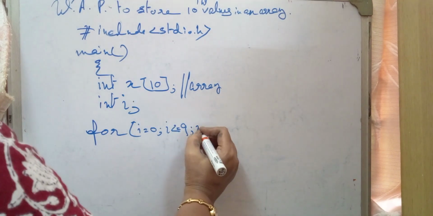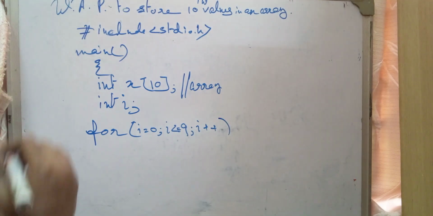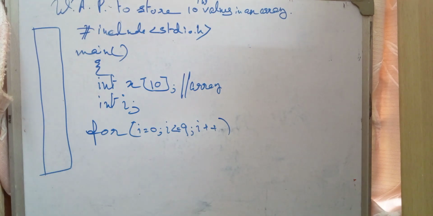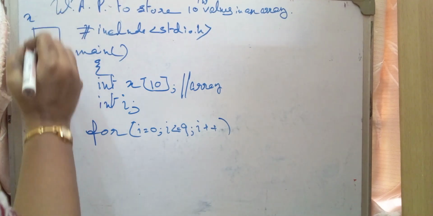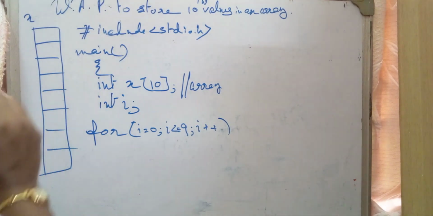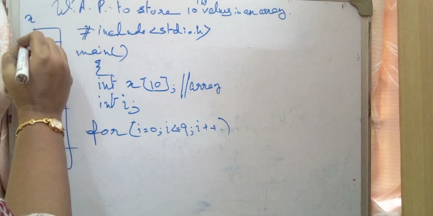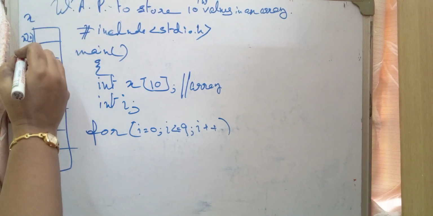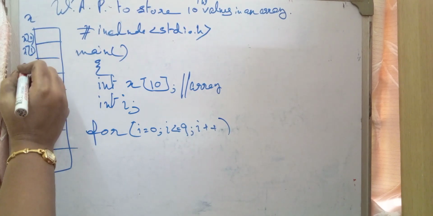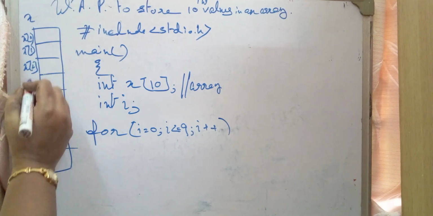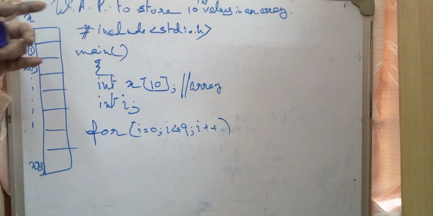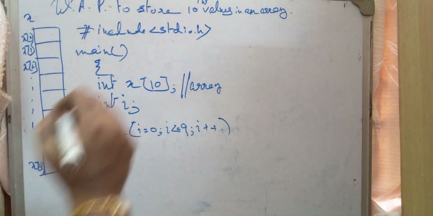I am explaining. Suppose this is the array diagram. This is x0, the first pocket, x1 the second pocket, x2 the third pocket, up to x9 the last pocket, because for 10 values I have taken 10 pockets.